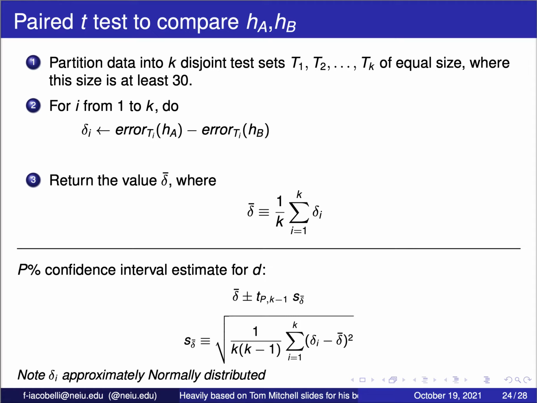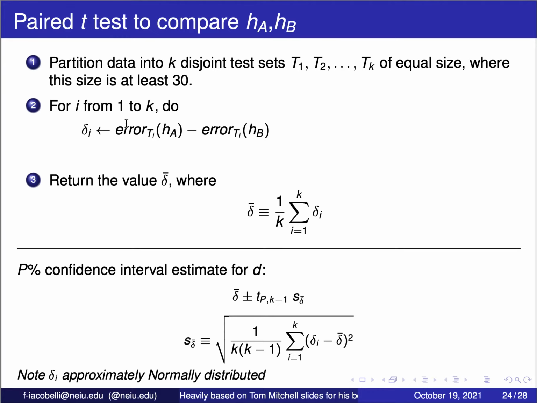Let's say we partitioned the data into k disjoint test sets: test 1, test 2, test 3, up to test k. Let's assume it's 10. We partition our data from the hospital, in this case, into 10 equal bins of however many examples each, hopefully more than 30.